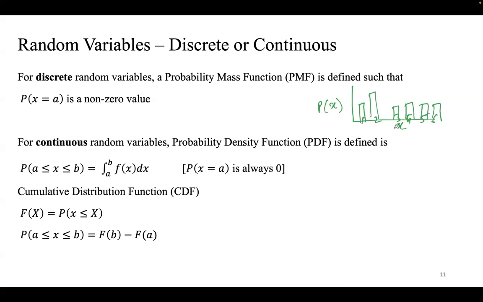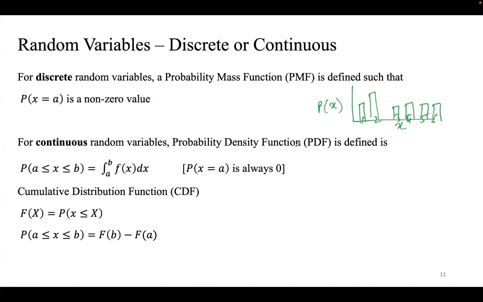On the x-axis, you have that element or the event, and on the y-axis, you have the probability of it happening. But now in the case of continuous variables, the probability of x being between 1 and 2, it can be any number being less than 1, greater than 2.